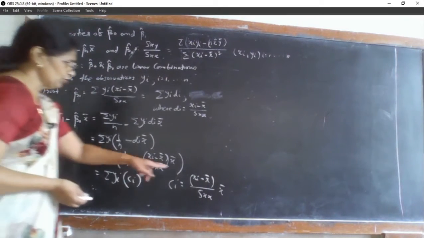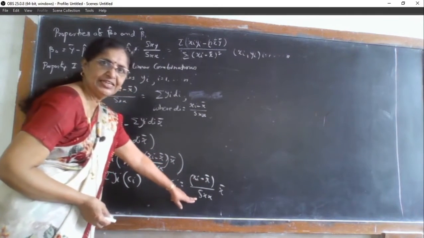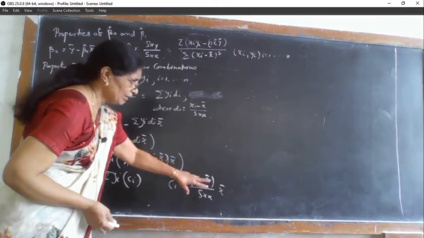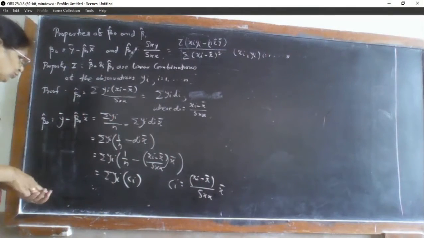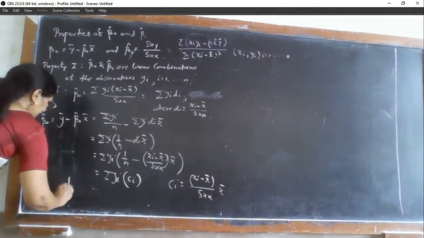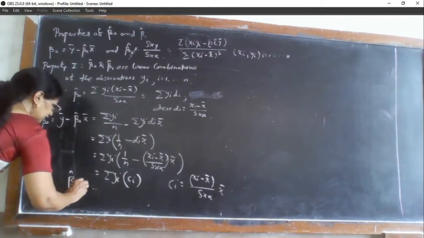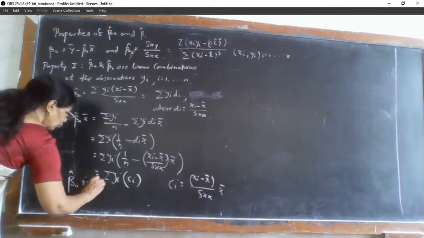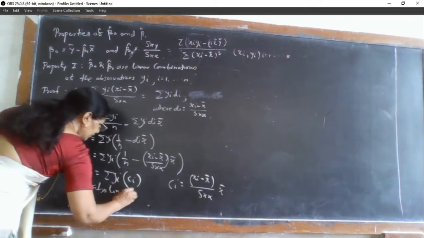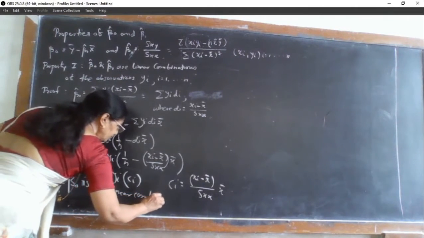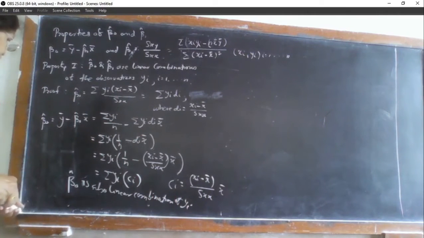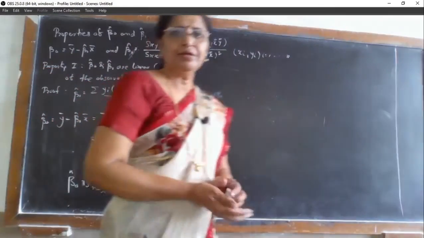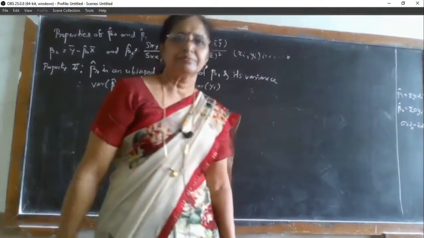You know that (xi minus x bar) upon Sxx is your standard x variate multiplied by some constant x bar, and therefore you can say that beta naught cap is also a linear combination of yi. Beta naught is also a linear combination of yi. Okay.